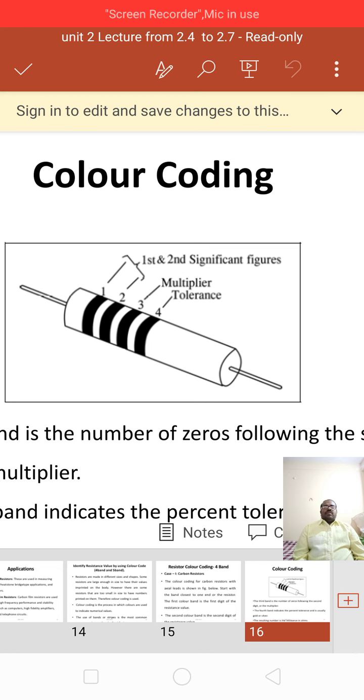Third is the multiplier, that is how many zeros follow the second digit. Fourth is the tolerance value of the resistor, might be gold or silver. By computing these values we can identify the resistance value of the resistor.